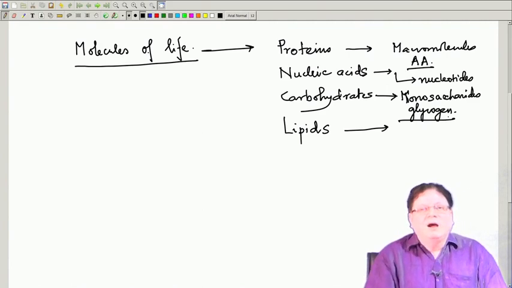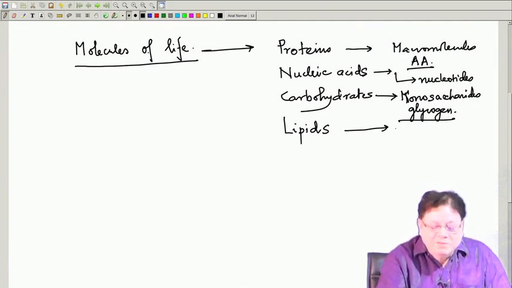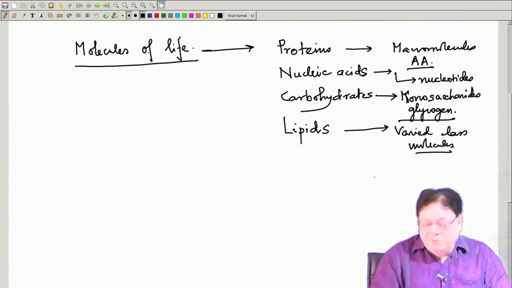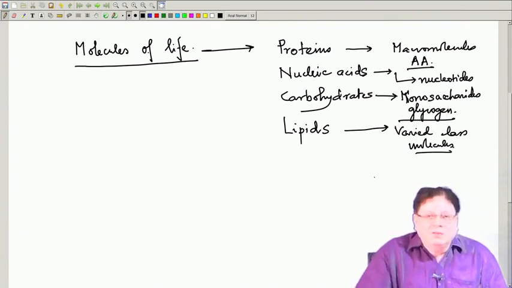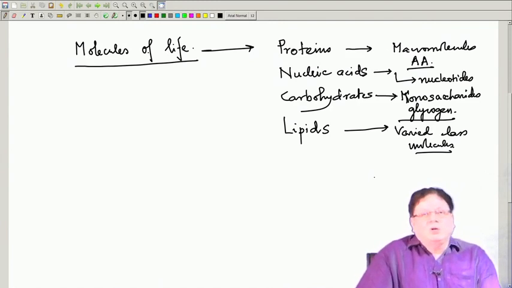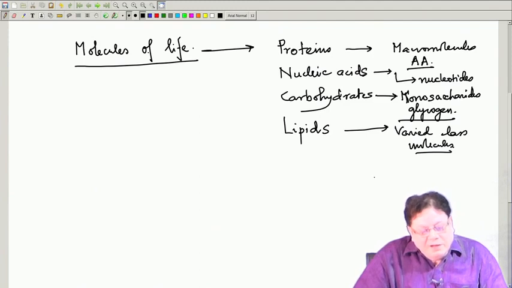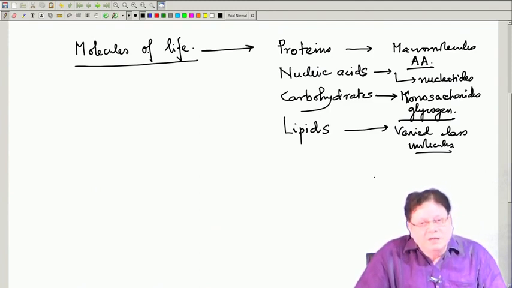Lipids, on the other hand, are a varied class of molecules. The definition of lipids is basically the molecules which are not water soluble. They are soluble in non-polar solvents like organic solvents. There could be several molecules like that.